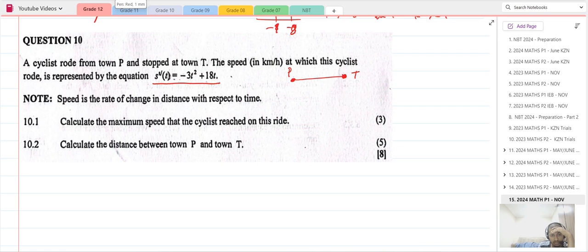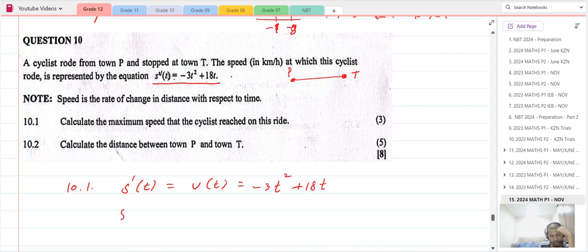10.1. Maximum speed will be minus b over 2a, or you can just find s double prime t, because that's s prime t already. You find another derivative. We know s prime t is represented by v of t, so minus 3t squared plus 18t.